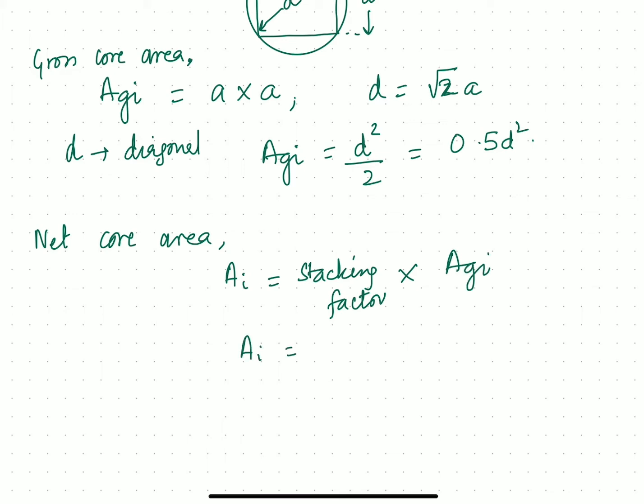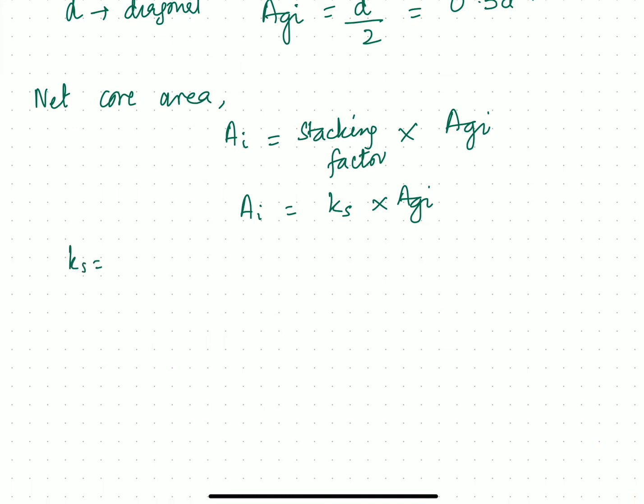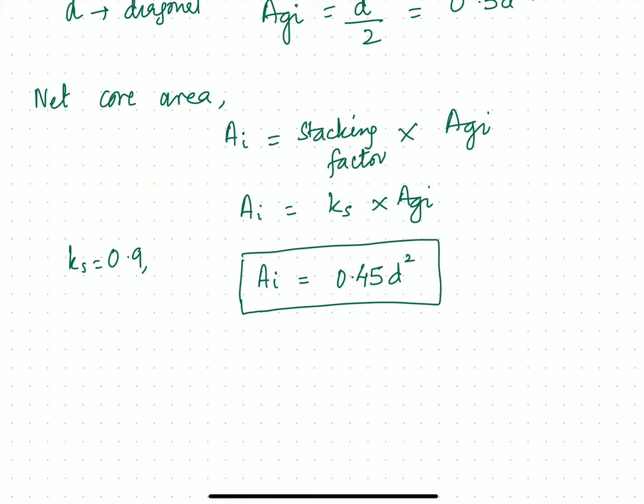So AI is equal to Ks times AGI, and if you take Ks to be equal to 0.9 and substitute AGI, you come to the conclusion that the net core area is 0.45 times d square. This is one expression. Fine.